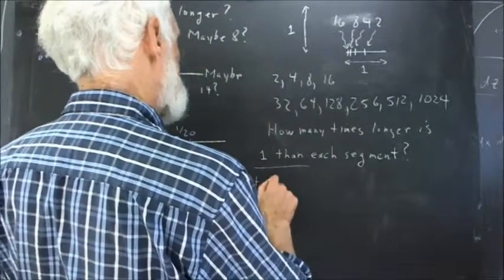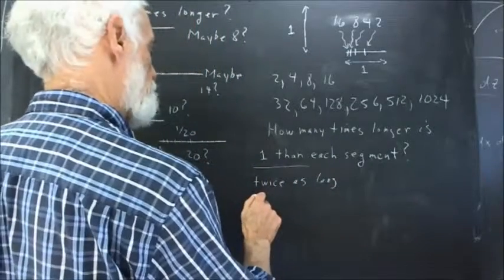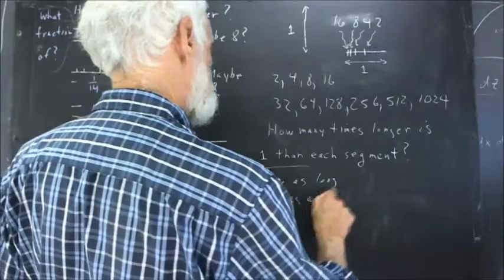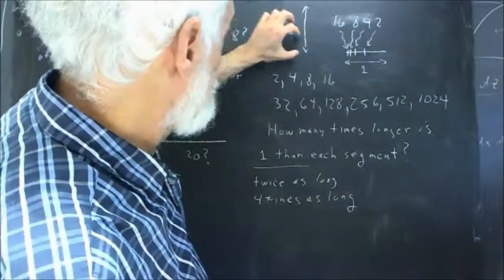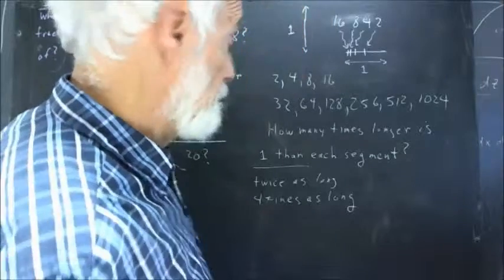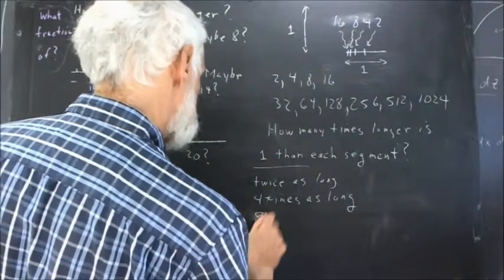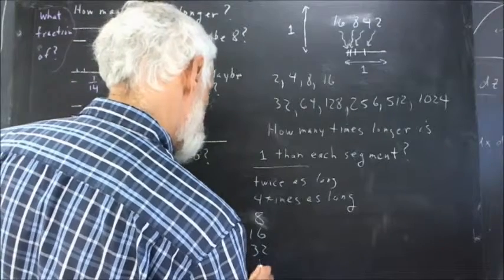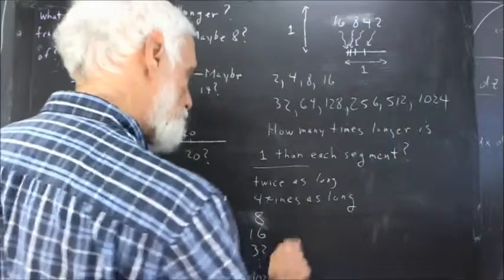Okay, twice as long, then 4 times as long, then the second, twice as long as this one because it takes 2 of these to make this, 4 times as long as this one because it takes 4 of these to make this, and then it's going to be 8, 16, 32, etc., down to 1,024.